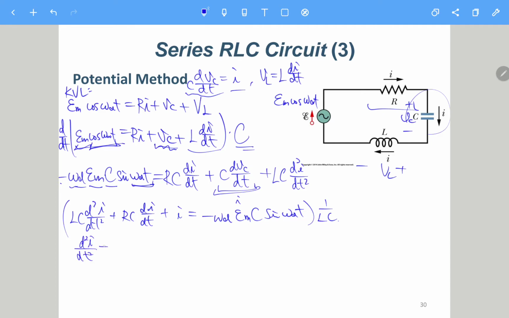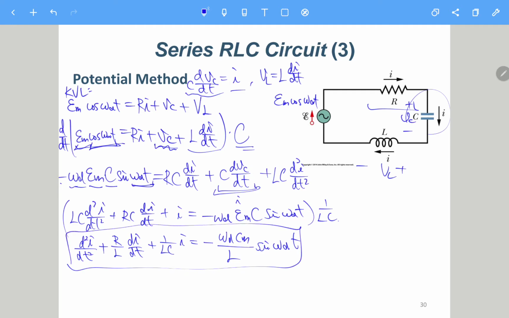And then we can just divide by LC on both sides, so that we normalize the leading coefficient of the linear constant coefficient ODE. So we have something like this, plus 1 over LC I equals negative omega d Em, and then C and C will cancel, so we have L in the denominator only. So we have a constant coefficient ODE like this.